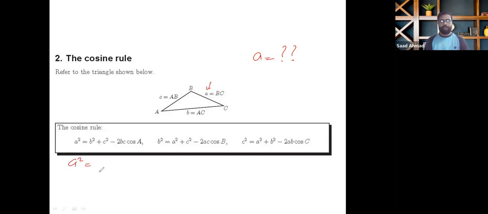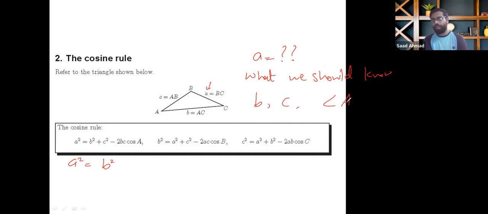It says a squared equals b squared... so we should know b and c and the angle A. If we want to find the side a, we should know the sides b and c and the included angle, this angle, like this and this. If we know this, then we can find a.